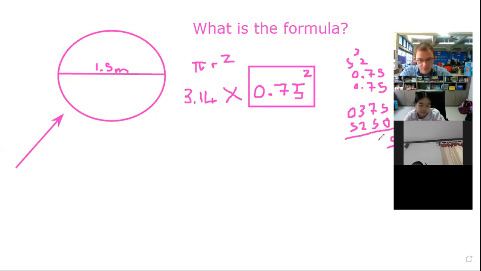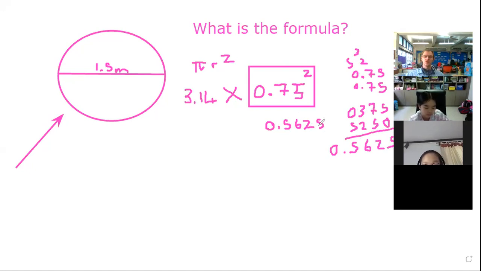So a 5, a 2, a 6, a 5. 0.5625. Is that the answer for 0.75 squared?